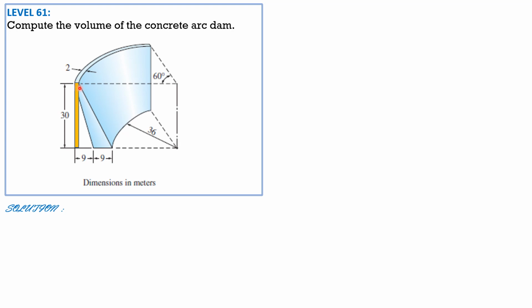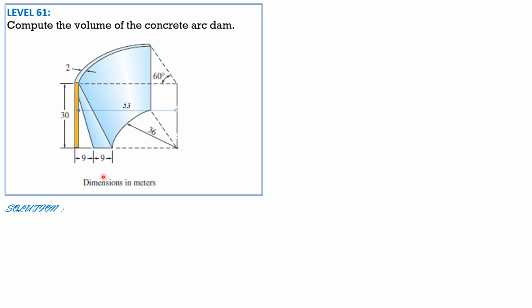Volume 2 is the volume generated by this triangular section. And volume 3 to be subtracted is the volume generated by this triangular section also. So we revolve this rectangle, then the triangle, then we subtract this triangle here, the excess.